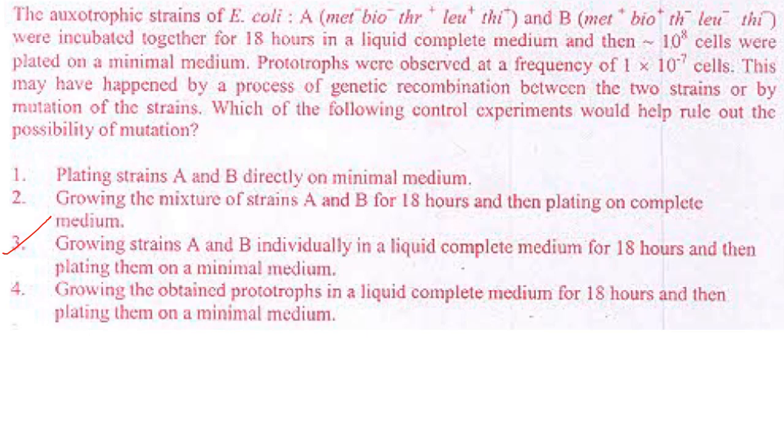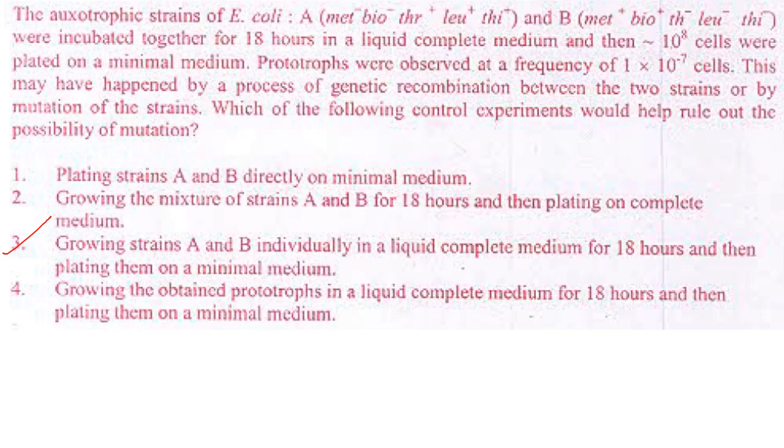So what will happen is, if the prototrophs that you got upon incubation of the E. coli strains A and B together have arisen due to mutation, then upon plating on minimal medium, you should have seen growth.